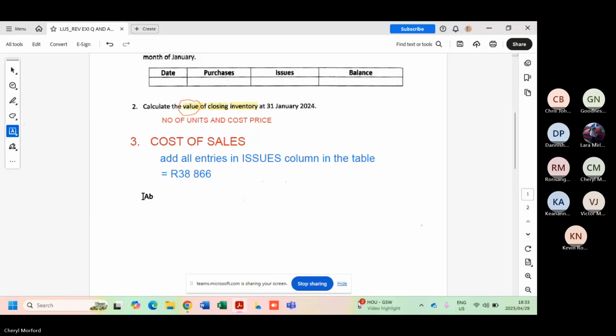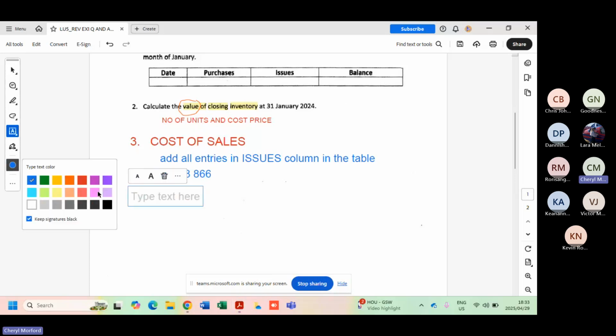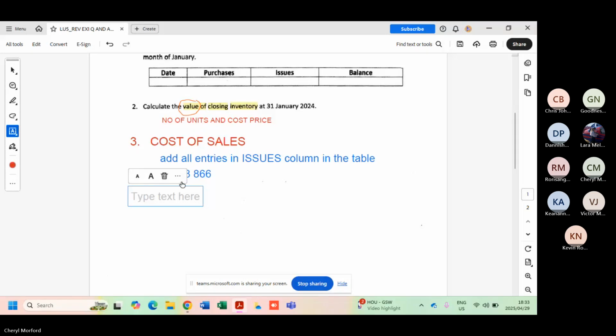Then we're going to do number 4. And that was bigger. 4, they can ask you for your sales revenue. This is a nice, easy one. You simply are going to take the amounts out of the table.